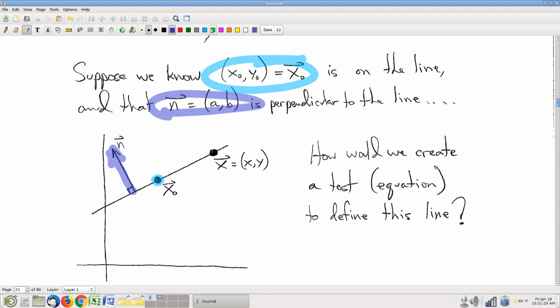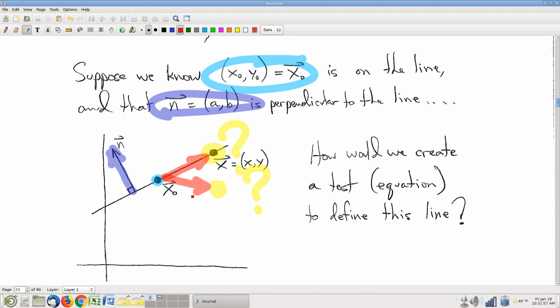Let's see here. I'll do this in yellow. Given the n, given the x naught, how would I decide if this is or is not on the line? Okay, so here's an argument I can make. It comes down to looking at this difference vector. Let's look at x minus x naught, which you'll see if it's on the line is this, if it's not on the line is this.